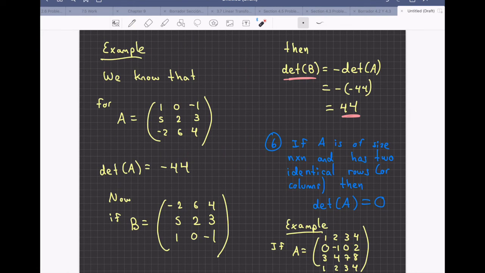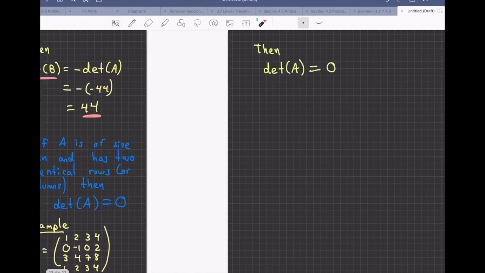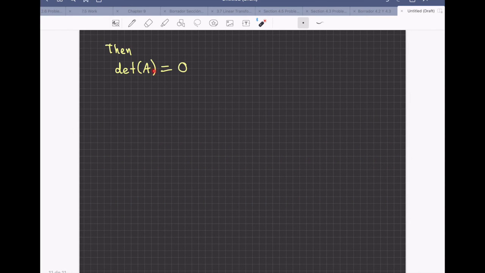This row is the same as this row, so automatically the determinant is 0, no matter how big the matrix is. Okay, 60 by 60, 40 by 40, no matter the size. You see two rows or two columns equal, determinant is 0 automatically.